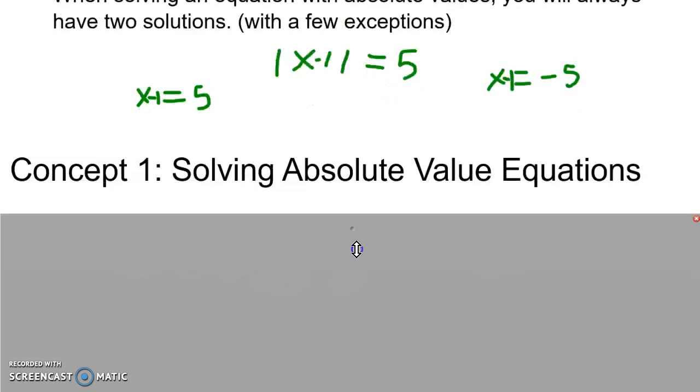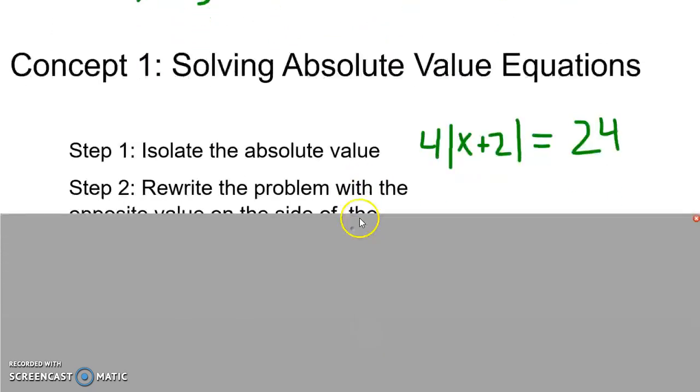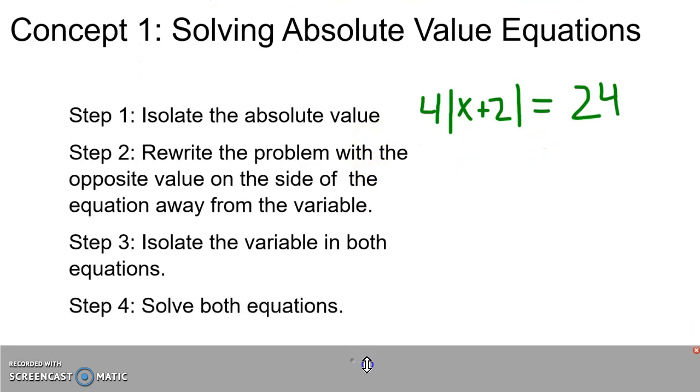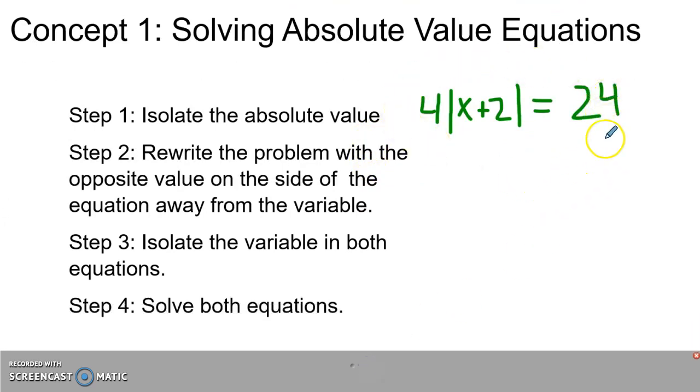All right, let's look at concept 1. So solving absolute value equations, generally they will look something like this. Your variable and a number, or a constant, will be inside the absolute value. And your first step is just to act as if this absolute value didn't exist and everything inside of it was the variable.